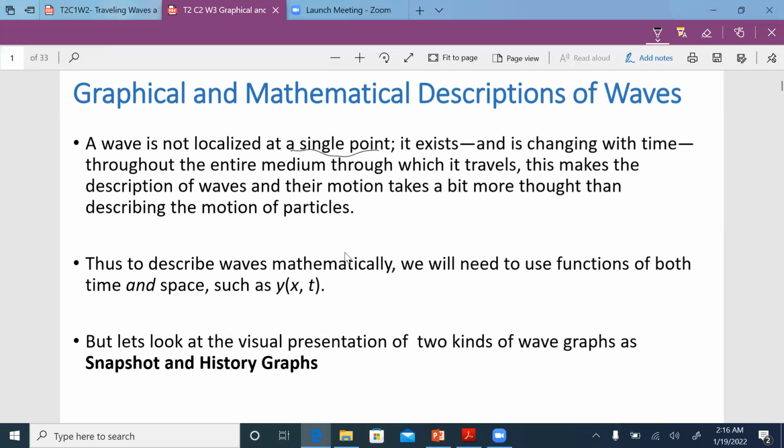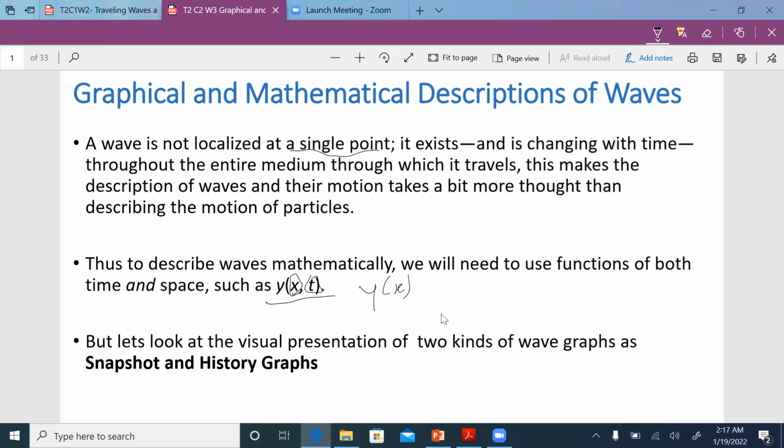So to describe wave mathematically, we need to use functions of both time and space. And we'll be representing that with y(x, t). Y as a function of x and t, that is function of position, which is x, and then function of time. Okay, so we'll be saying y(x).